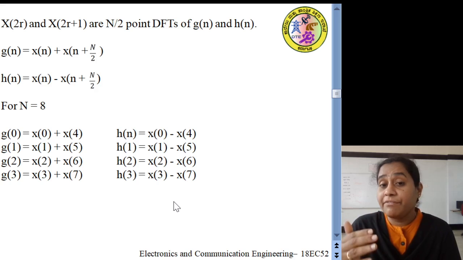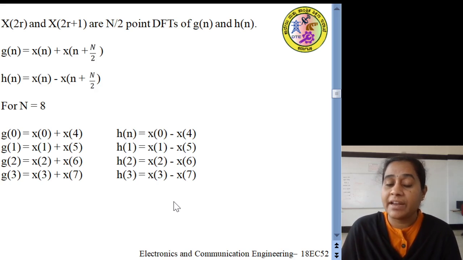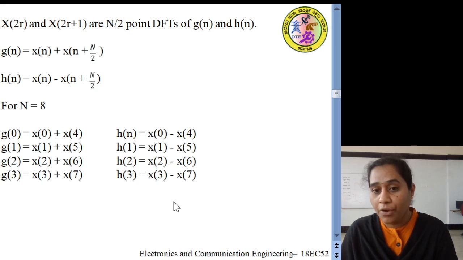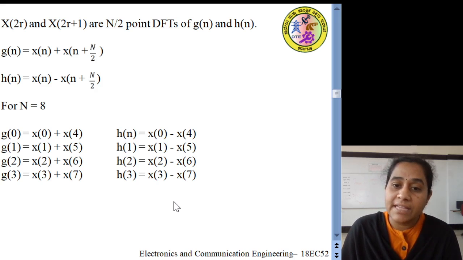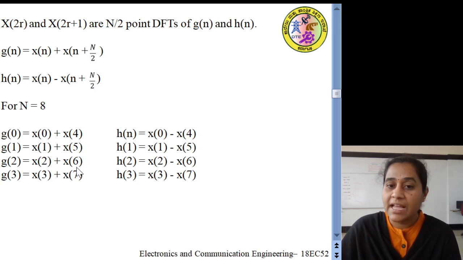So for a specific value of N equal to 8, we can write g of n as: g of 0 is equal to x of 0 plus x of 4. g of 1 is x of 1 plus x of 5. g of 2 is x of 2 plus x of 6. And g of 3 is equal to x of 3 plus x of 7.